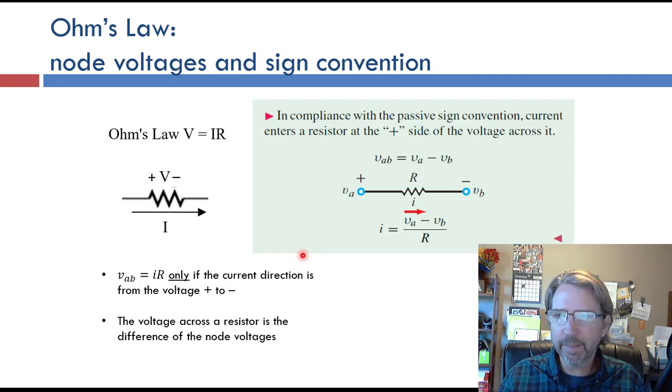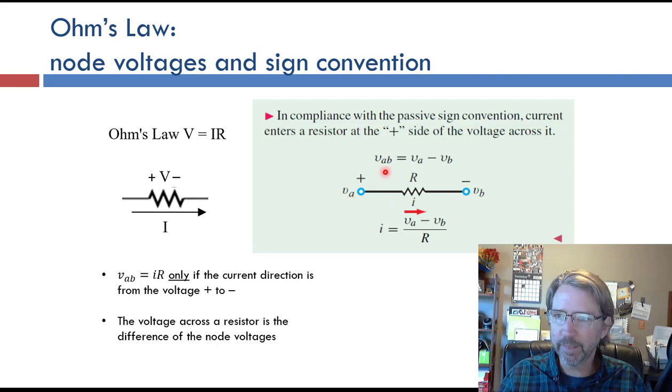The second thing is often we're doing node voltages. Ohm's Law is set up for the voltage across a resistor. But if we're referencing voltages to ground, like a node voltage, then that's not necessarily the voltage across the resistor unless the minus terminal happens to be ground. In general, it's the difference of the node voltages that's the voltage across.